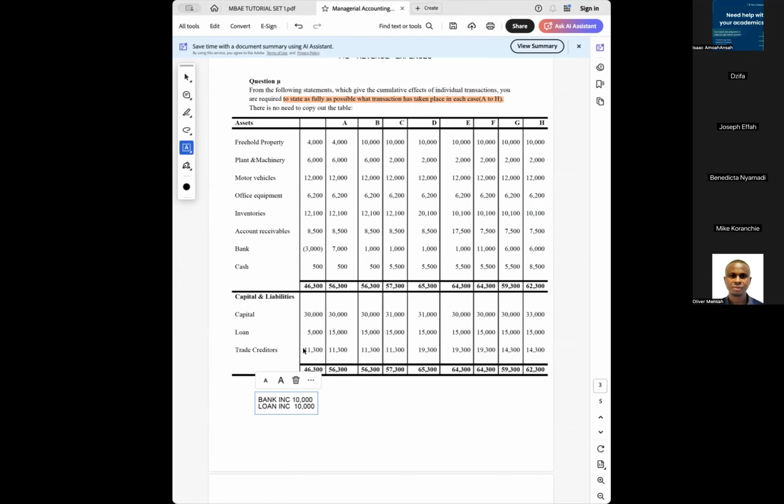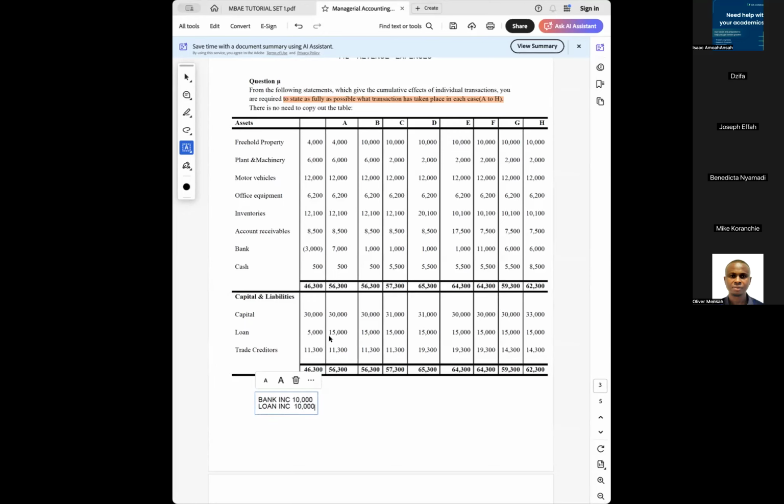Then we secured a loan of 10,000, and when the loan came in, it paid off the 3,000 that we owed the bank. Now the money we have in the bank account is 7,000, right? That's why our bank has this balance. And because we've secured a loan, we have a loan liability of 10,000 in addition to our previous owing with the loan.